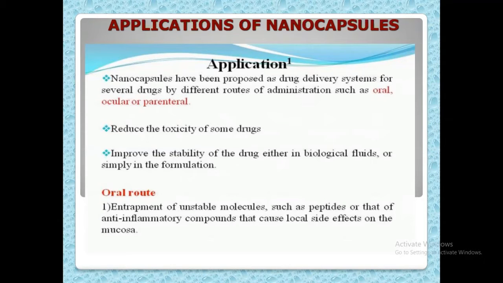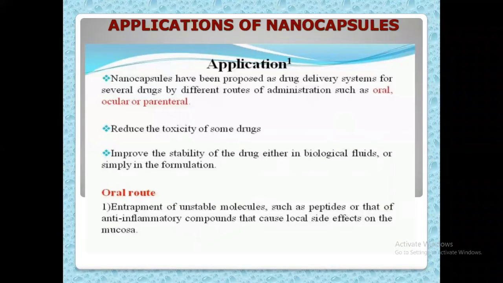Nanocapsules are used to deliver the drug to the target by using all these different routes of administration. Then another application is that nanocapsules reduce the toxicity of some drugs. Some drugs are tagged with other chemical molecules and act as toxic compounds to the body. But nanocapsules are not toxic.